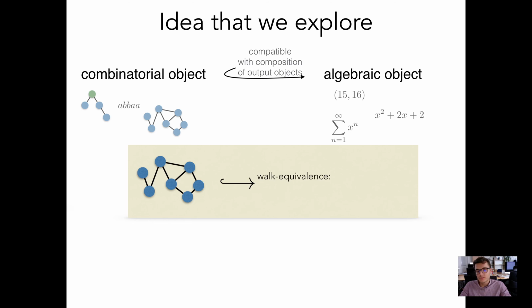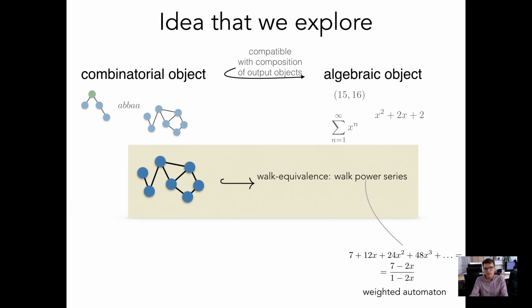So when we are interested in walk equivalence, then what we use is a walk power series. By power series we mean such infinite polynomials, and here the numbers of walks on the graphs that were on the previous slide are encoded in such a power series in the following way. The number 7 stands for 7 walks of length 0.